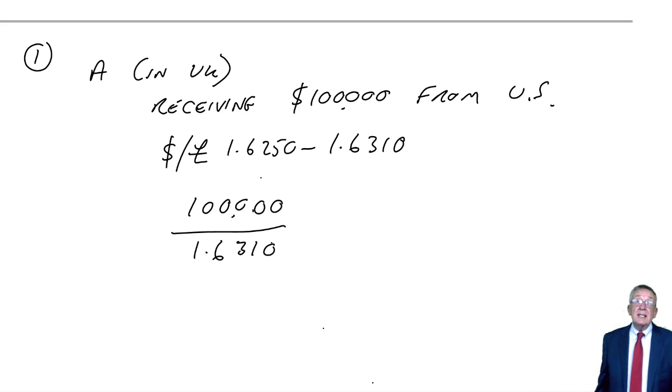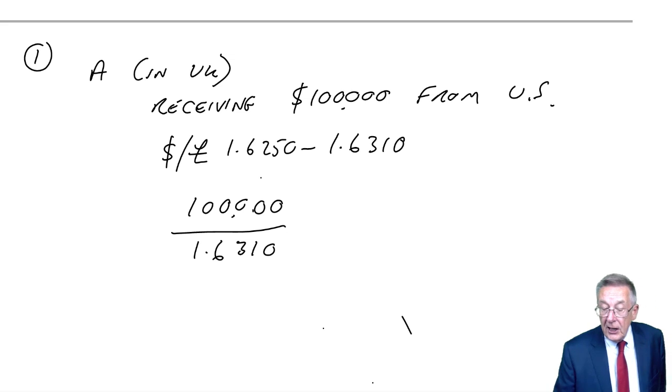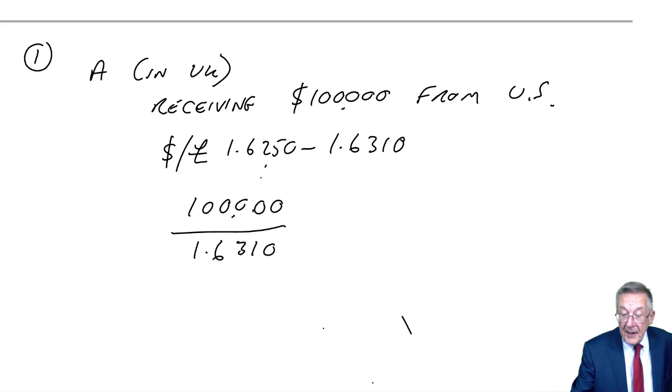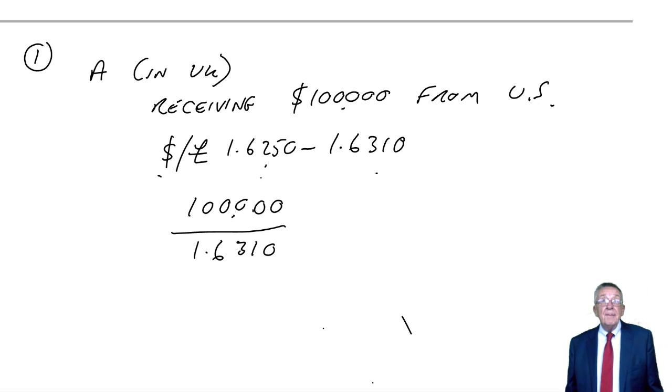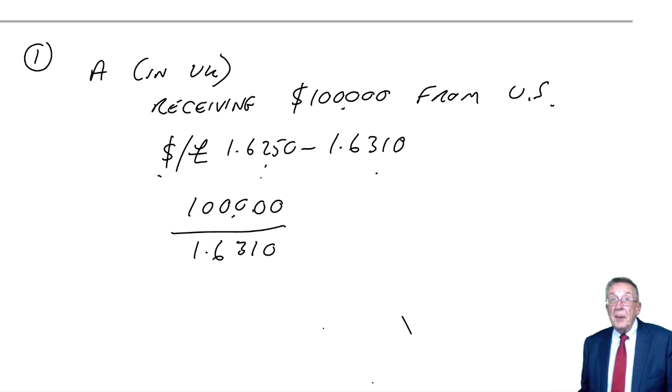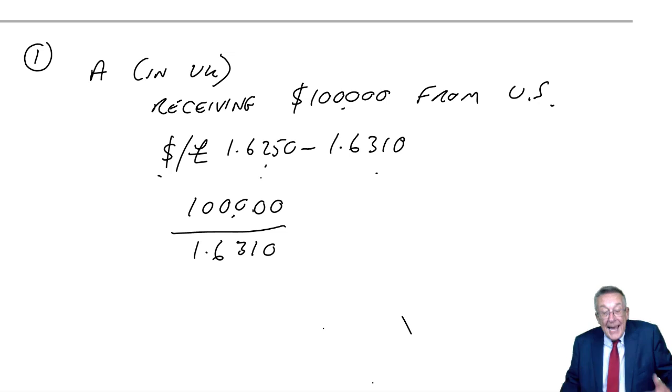Or to keep thinking through like that in the exam is perhaps wasting too much time. My rule was, if we were buying dollars, we'd convert at the lower rate, dollars being the first currency. If we're selling dollars, we convert at the higher rate. Here we're receiving dollars. We want to convert to pounds, so we'll sell dollars to the bank and buy pounds.